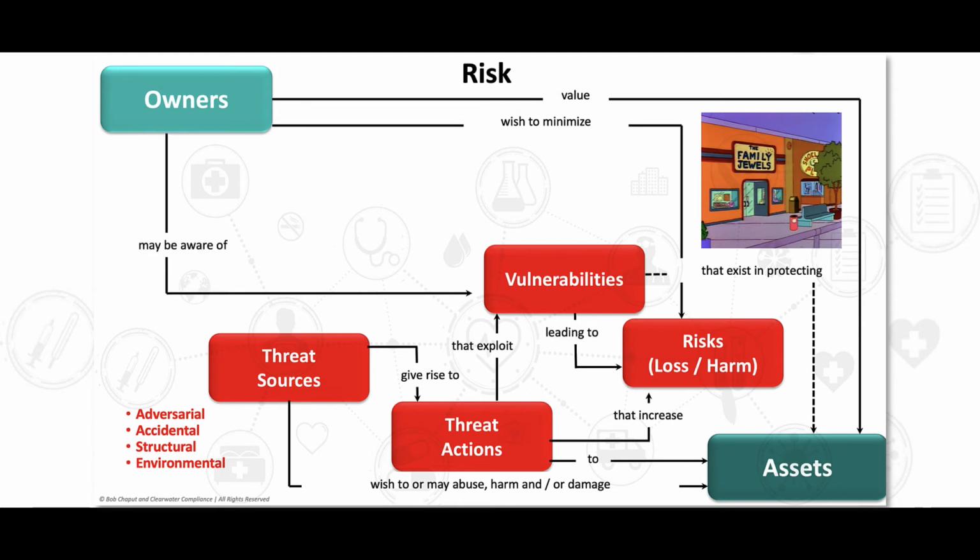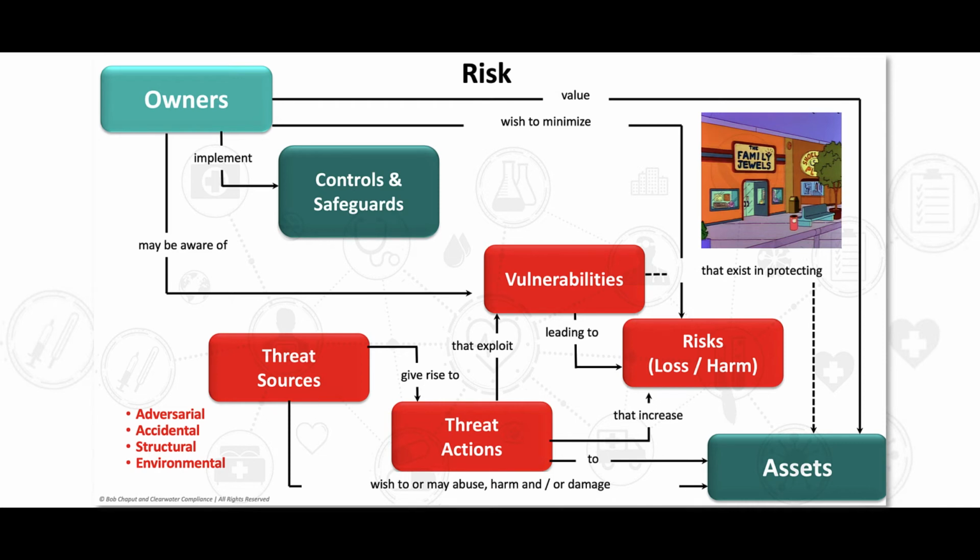But as a wise owner of assets, you may be aware of, or you wish to become aware of, what vulnerabilities exist. When you understand what those vulnerabilities are, you choose to implement safeguards and controls that are designed to reduce, something not on this slide that we'll take up in the next episode, the likelihood of the exploitation or reduce the impact were it to happen.